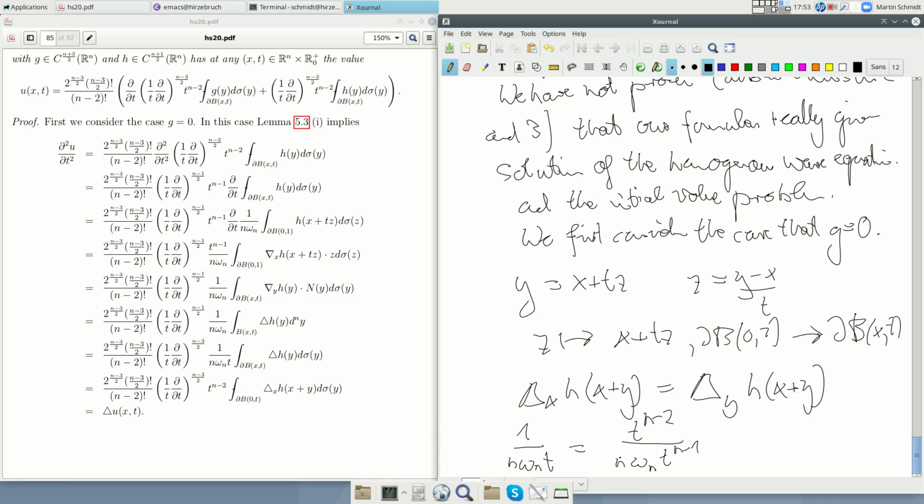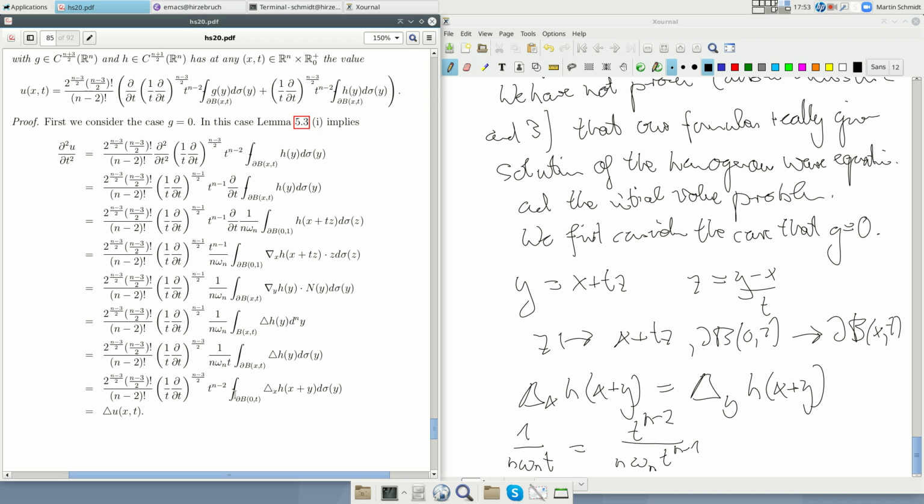So we get rid of this factor by rewriting this as the mean, and because all these things don't depend on x, this Laplacian we can put outside. So this is the Laplacian of the whole thing, which is exactly this.